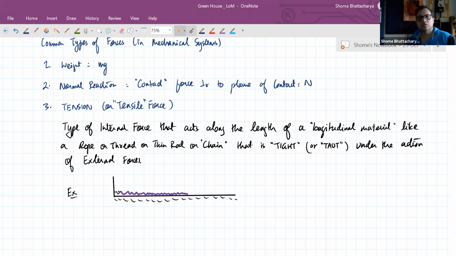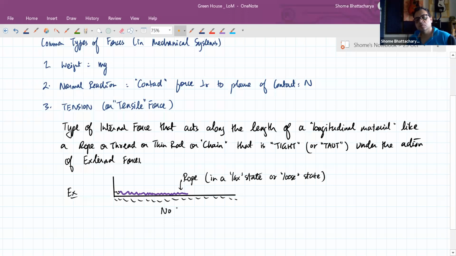So this is a rope in what we call a lax, or loose, state. When it is in this state, there is no tension acting along its length.